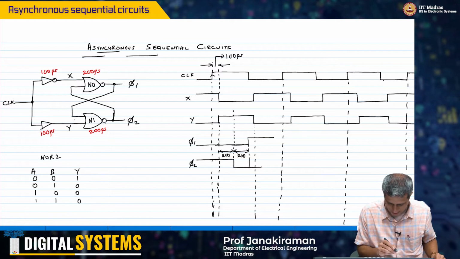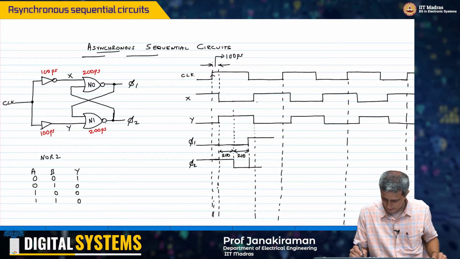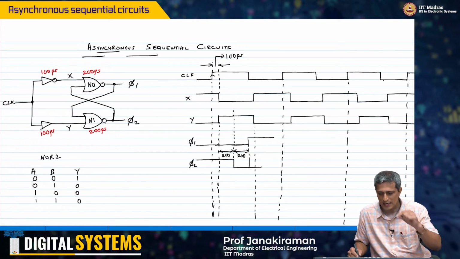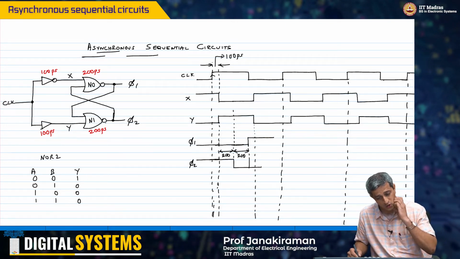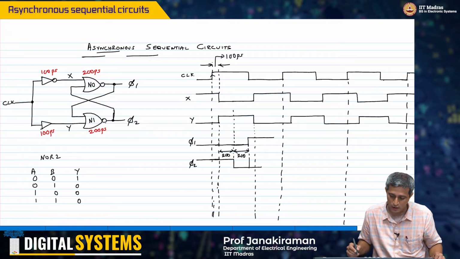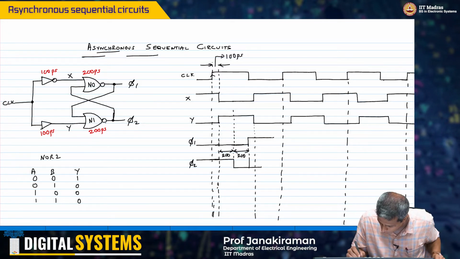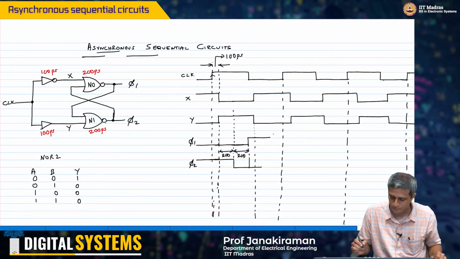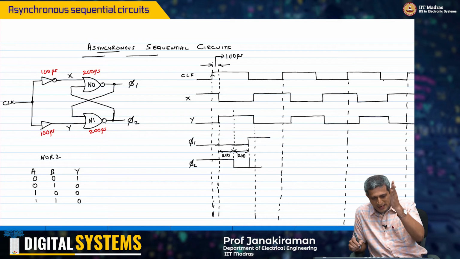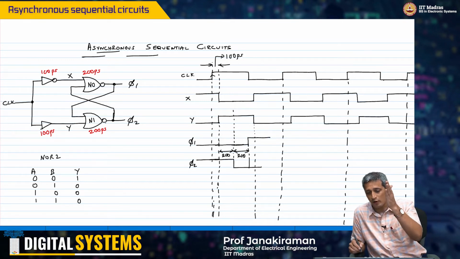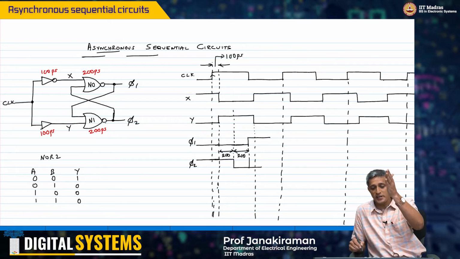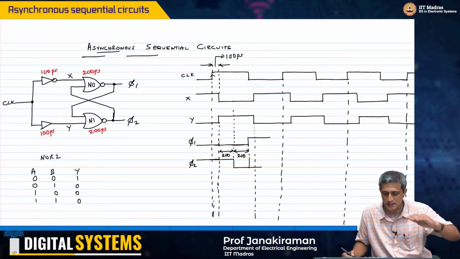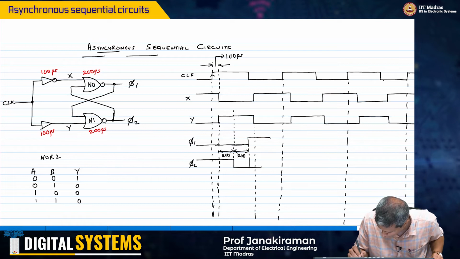So now at this point, phi 1 has gone high, and at some point x will obviously go high and thereby cause my output phi 1 to fall, after 200 picoseconds. Remember, for phi 1 to go high, you needed both x and phi 2 to be 0, right. But now x has gone high and therefore phi 1 has to fall.